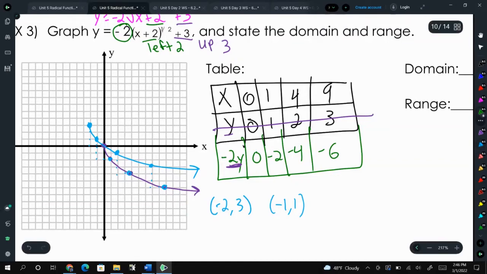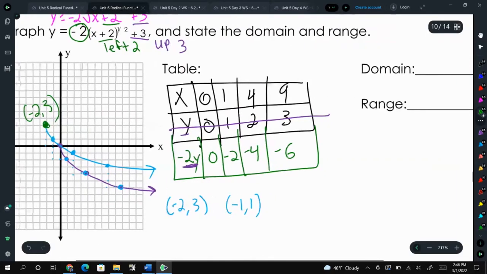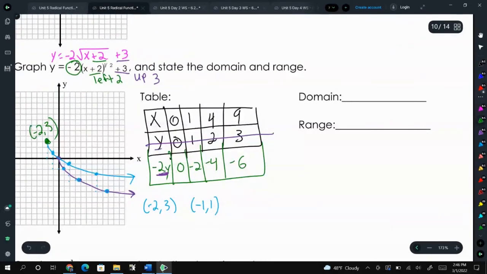So now for domain and range, we want to use this light blue graph, or this light blue line, and our starting point is -2, 3 right here. So now my domain and range is going to be reliant on that. Domain, x values, is going to be -2, infinity, because our x values start at -2 and they keep going to the right.